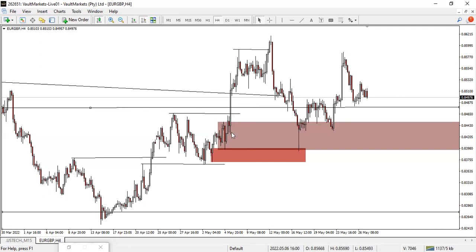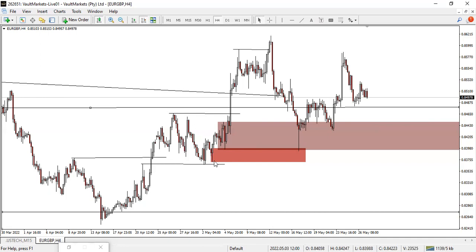All right. So this move broke this structure, and then this structure that is broken here, where did it start? It started all the way down here.